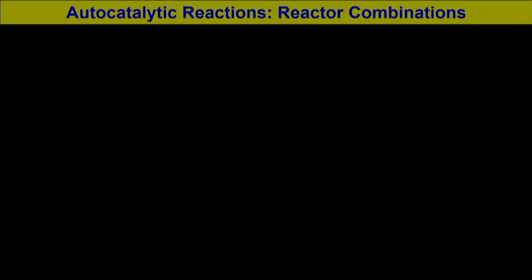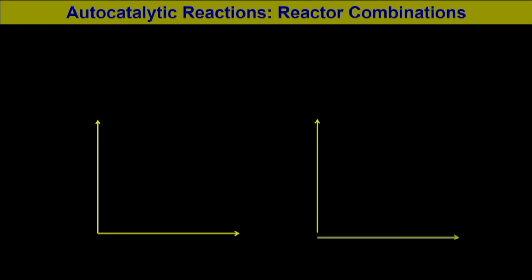Now, if we consider a combination of reactors, say plug flow and CSTR, we can always look into the arrangement of the PFR and CSTR in such a way that the total volume requirement for the autocatalytic reaction is minimum.